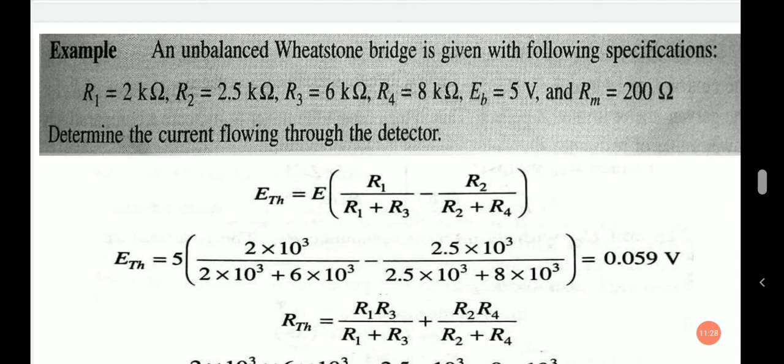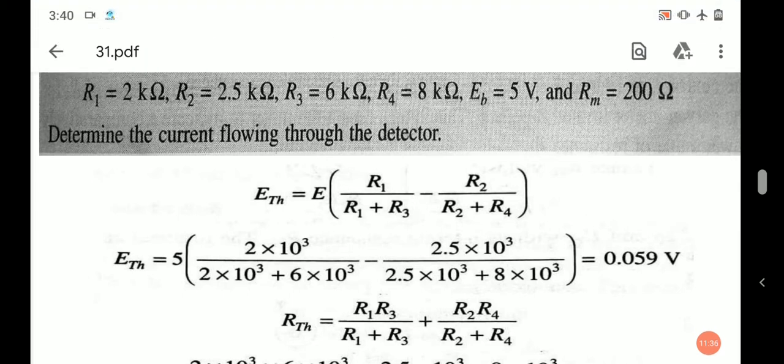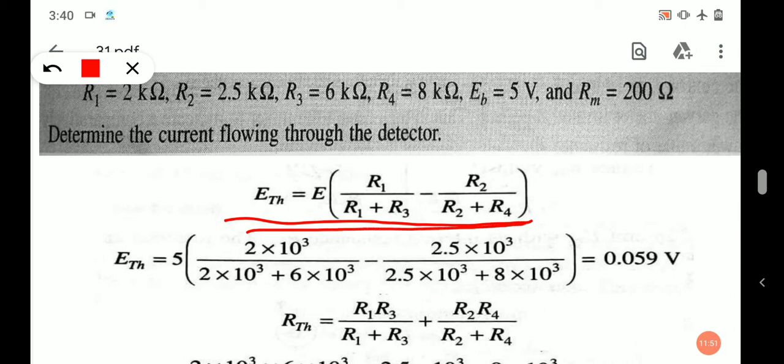Now we have seen the Thevenin equivalent circuit, and from the Thevenin equivalent potential between terminals R and S, we can write that ETH equals E in bracket R1 upon R1 plus R3 minus R2 upon R2 plus R4.